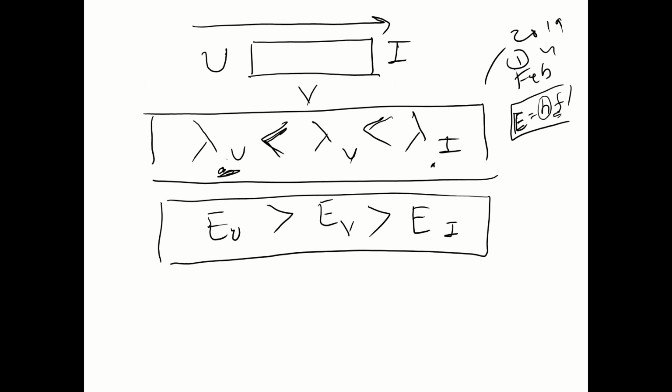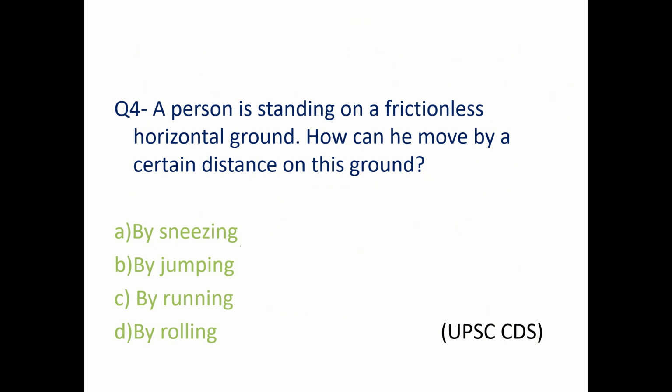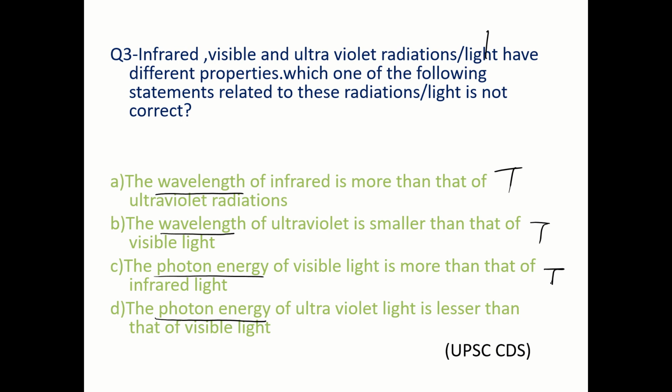The photon energy of visible light is more than that of infrared light. Visible and ultraviolet both have more energy than infrared, so this statement is also true.